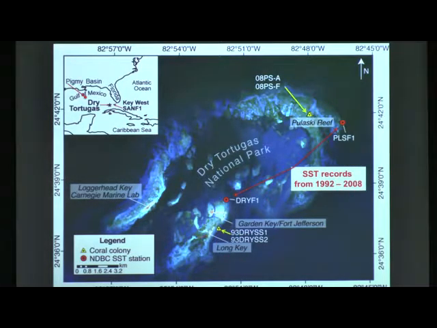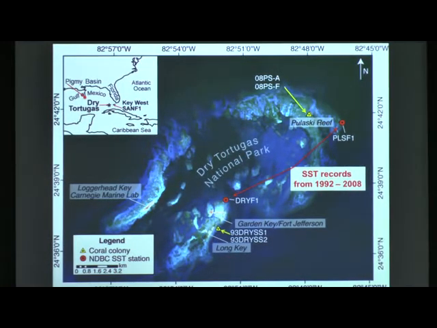And then there's the DRYSS2 coral, which is a new record that I'll show data from today. This core is a subfossil coral. It does not have a live top. I also want to point out the location here of Loggerhead Key and the Carnegie Marine Laboratory. So I'm going to show you some data from this site as well.